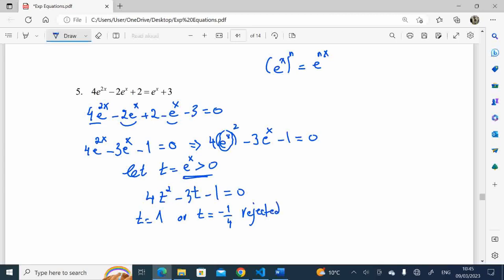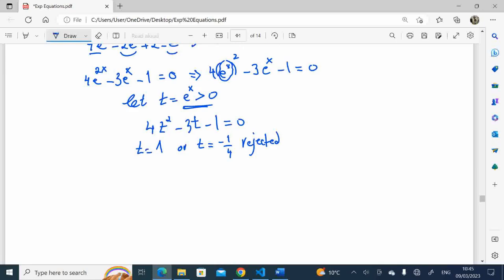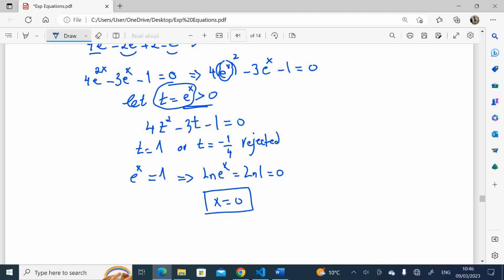So the only solution here is t = 1. We didn't find x yet, so let us go back to x. So t = e^x, right? So e^x = 1. To find x we take ln of both sides, ln e^x = ln 1, it means x = ln 1, we know it's 0. So x = 0. This is the solution for this equation.